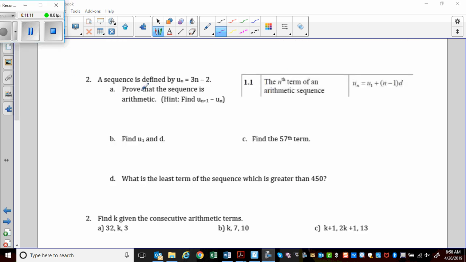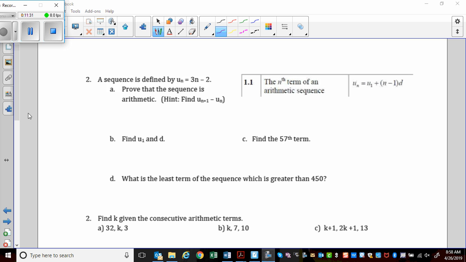They want us to prove, on the next page, that this sequence is arithmetic by finding the common difference. So the second term minus the first term, something like that. If we subtract it, that's the difference.